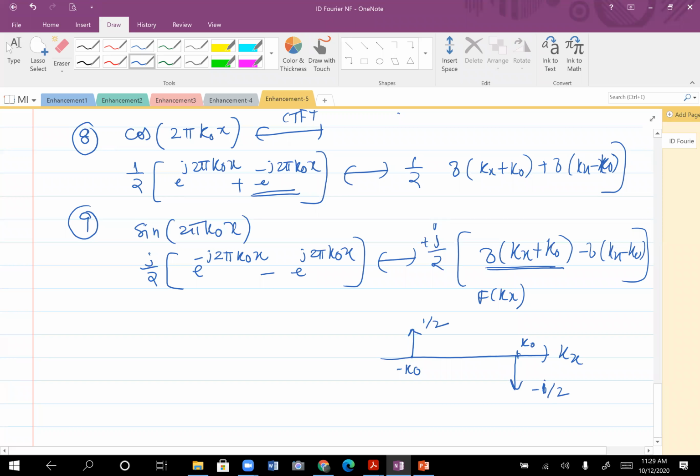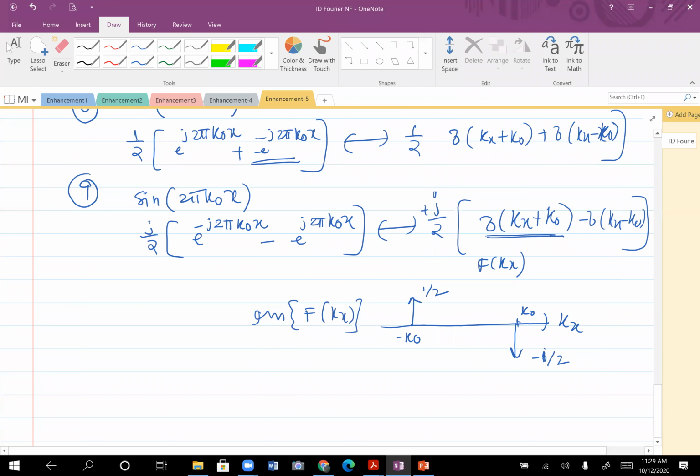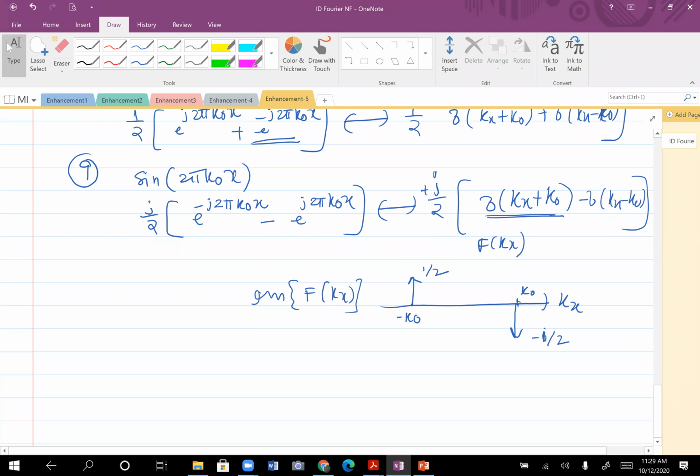What I am plotting here is the imaginary part of, to be more precise, F of kx. This is how it looks like. Or I could ask you to draw magnitude and phase also. Then the magnitude of both will be 1 by 2. The phase you would need to modify. Is it clear?